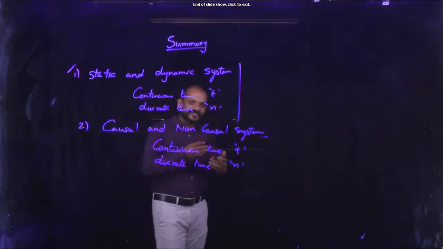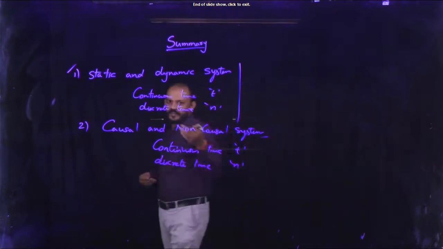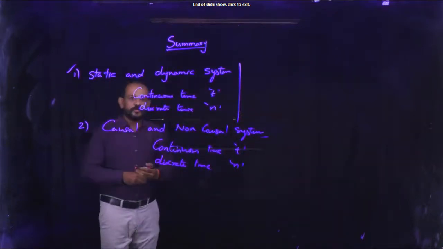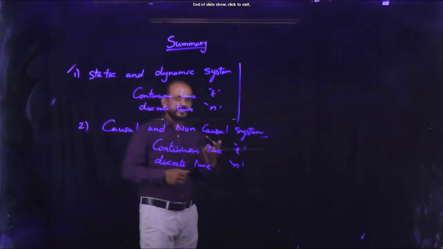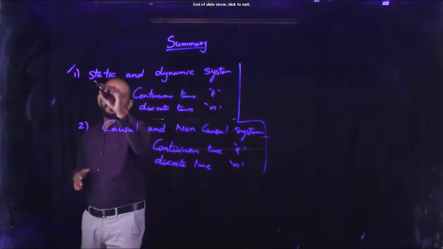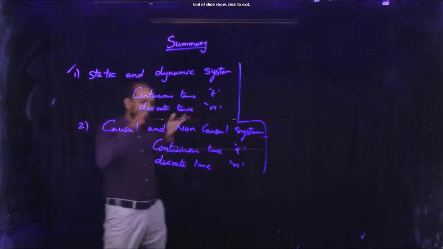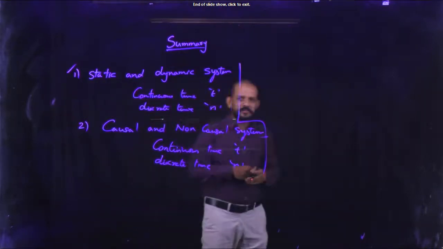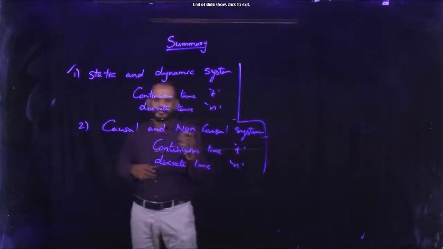I had taken the system equations with both continuous and discrete, and I explained how to verify whether the given system equation is causal or non-causal, and how to distinguish this static and dynamic with respect to causal and non-causal. When a system is given, whether the system is static or dynamic, causal or non-causal, I explained.